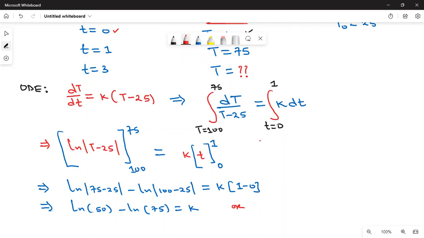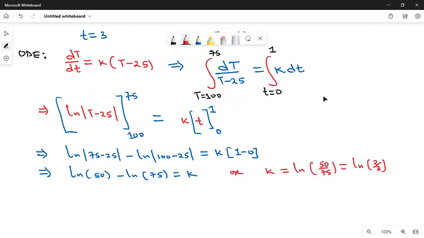Or use the laws of logarithms on the left-hand side to divide those two. So you could say that k is equal to log of 50 over 75. And you see this can be simplified. This is the same as log of 2 over 3. When you divide by 25, there are 2 times, the other one is 3 times.